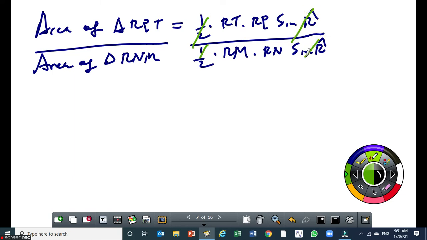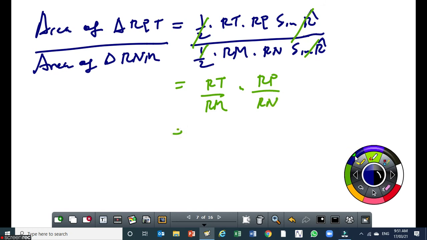Now check this. This RT over Rm, I can split this up and write it as RT over Rm times Rp over Rn. And the good thing is that both of them are equal to 3 over what? 3 over 8. So RT over Rm is 3 over 8 times Rp over Rn is 3 over 8, which is the same as 3 over 8 squared.